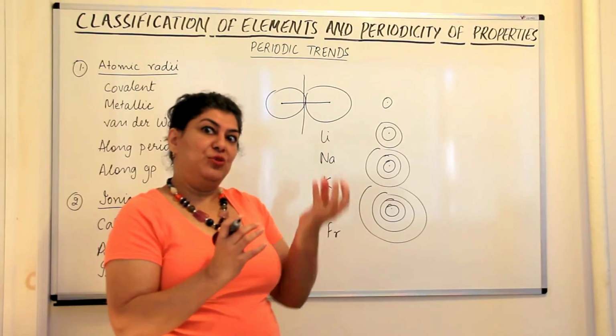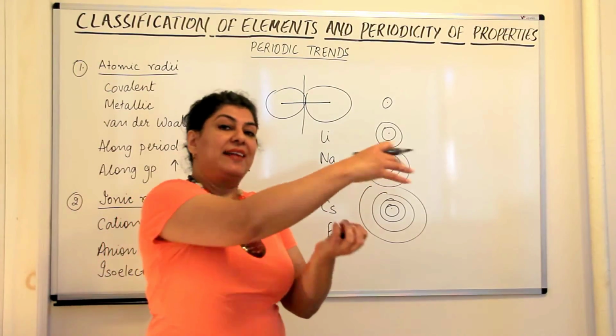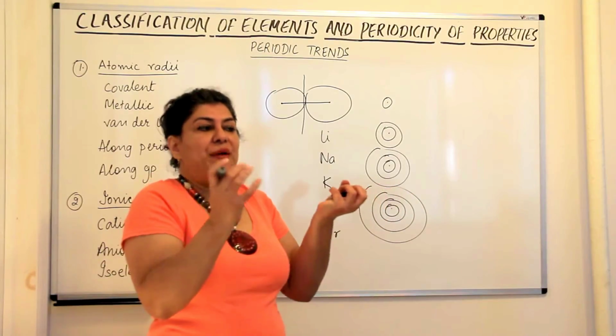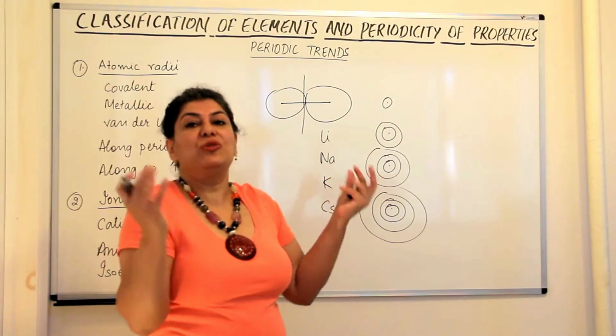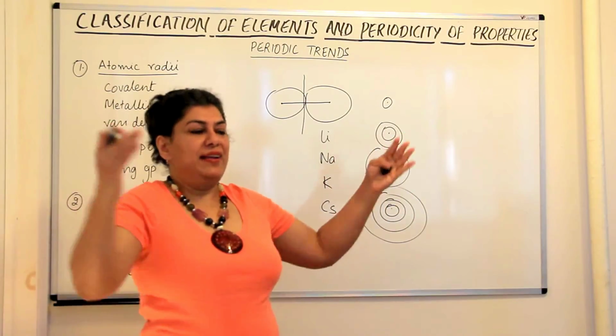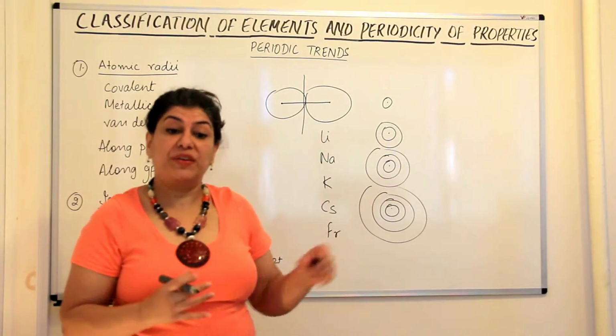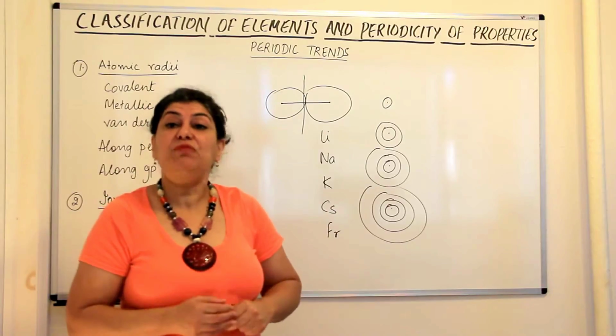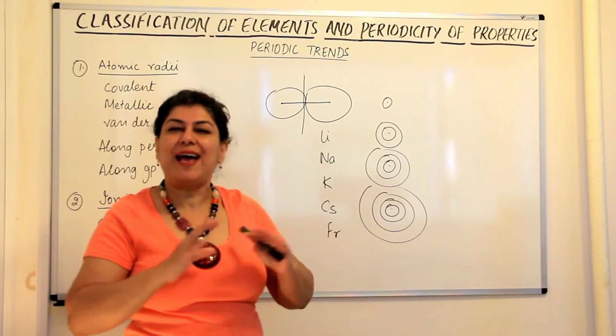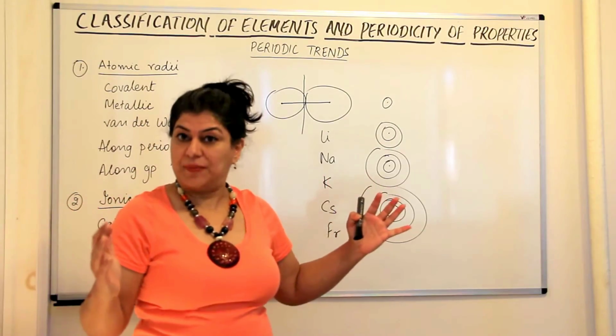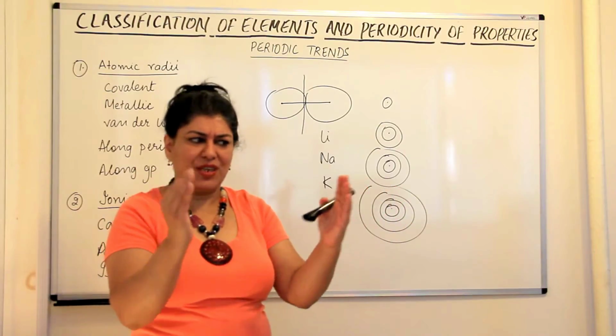So the nuclear charge is increasing at the same distance, and it attracts the electrons closer to itself, and therefore the size of the atom decreases. But since it is the same shell, this change in size is not very dramatic. It's a very slight difference in the size.